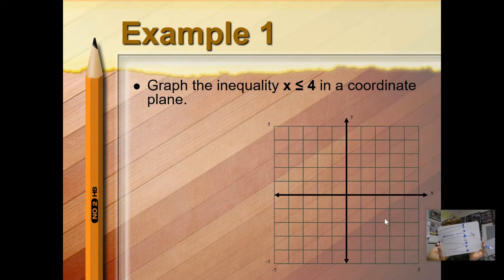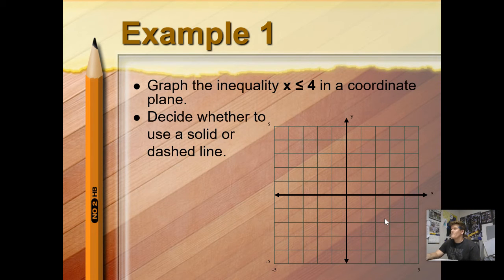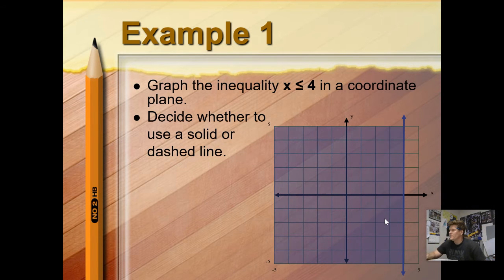And that's exactly what happens here on our coordinate plane. When I'm graphing that line x equals 4, that means I have on x a straight vertical line. Since it's less than or equal to, it means I have a solid line at that point. And since I'm everything less than, I'm shading everything towards the left.